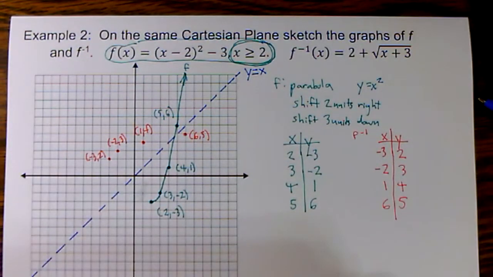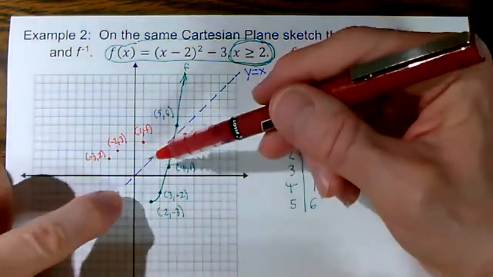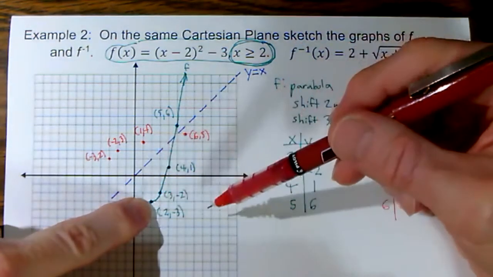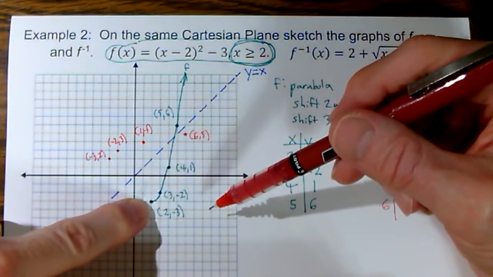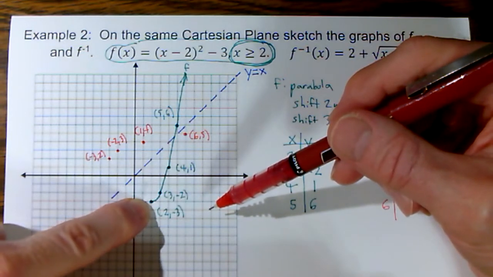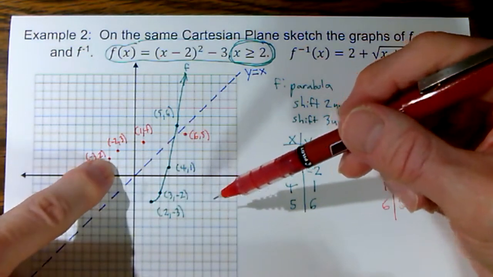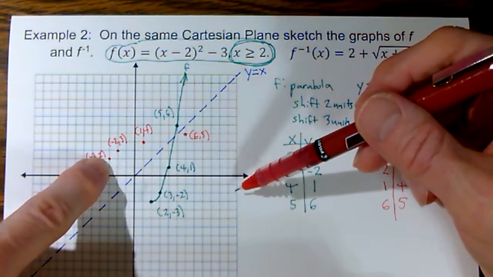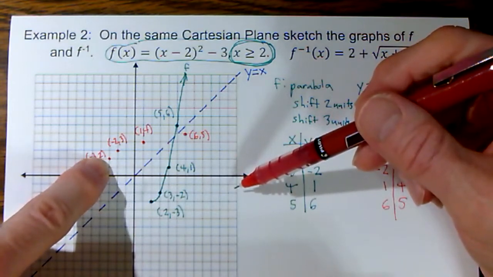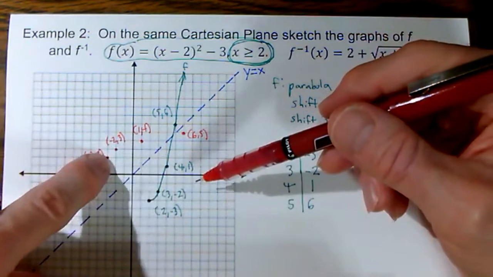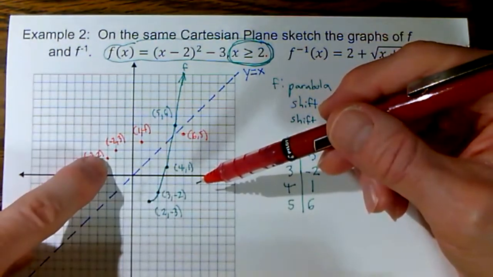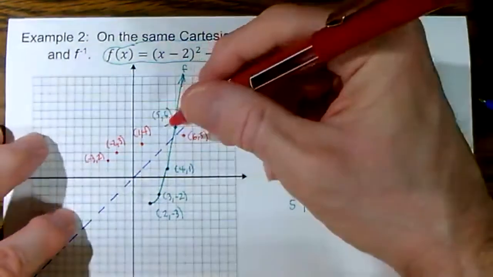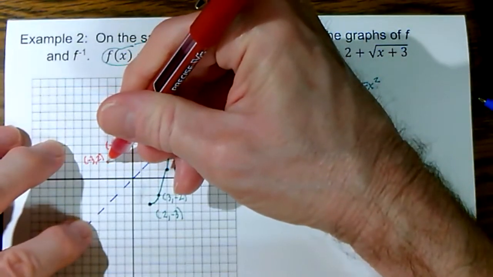Now, as I graph these, just as this point right here was sort of a beginning point for the graph of the function, its reflection on the other side will be the beginning point of the graph of the inverse. So it will not continue like this. It will start right here, and you can see a shape developing.